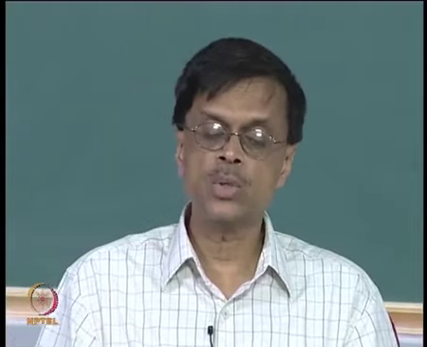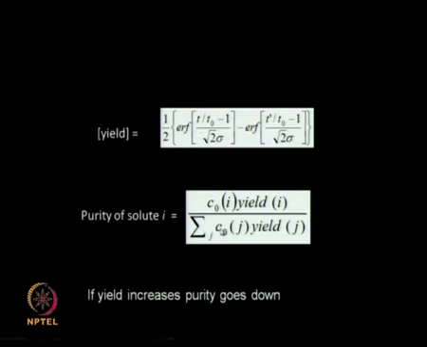Okay. So once I know the yield of the protein and once I know the yield of the impurity, I can use this particular equation, okay, and then calculate what will be the purity of the protein in the sample I have collected, what is the purity of the impurity that is present in the sample. So it is a very interesting problem.